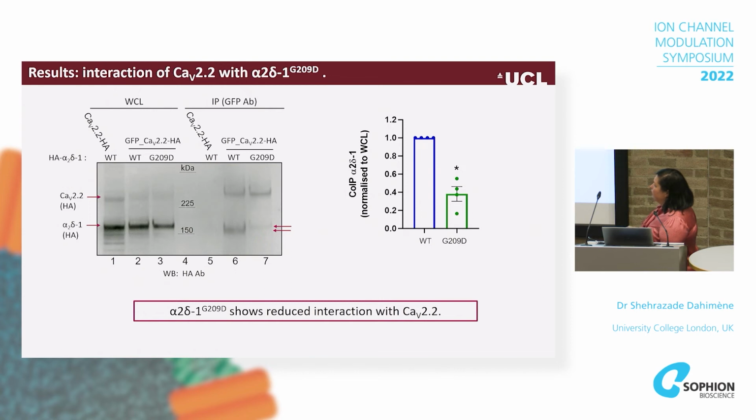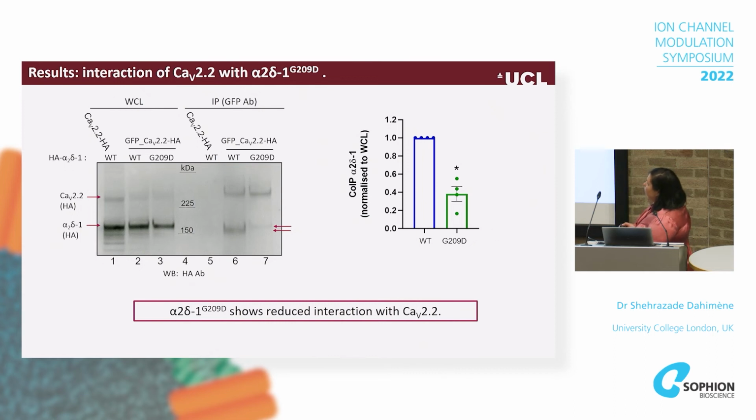We don't detect any unspecific band. However, when GFP CAV2.2 HA was co-expressed with the wild type, we can see a nice immunoprecipitation of CAV2.2 together with the co-immunoprecipitation of alpha-2 delta-1 wild type, which shows an interaction.